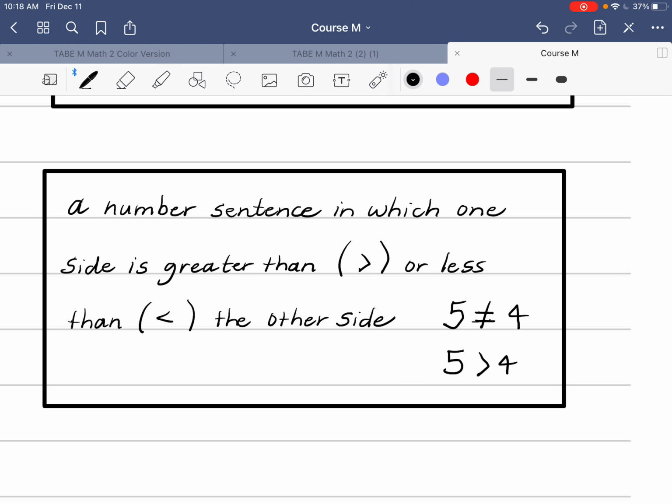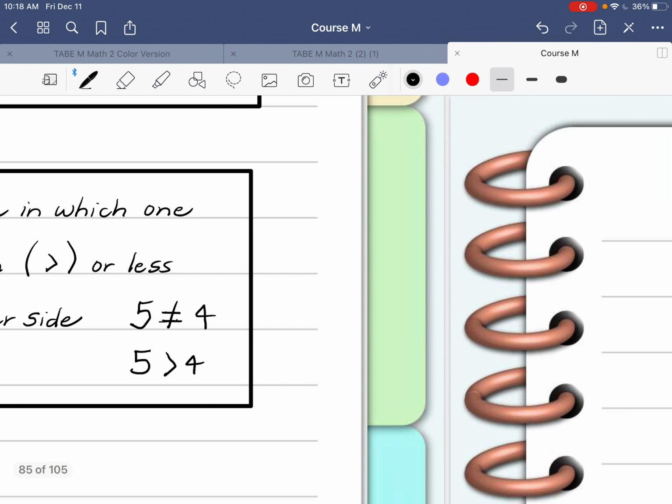It's not an equation. 5 is bigger than 4. So this is the inequality. 5 is greater than 4. So this is where those greater than, less than symbols come in. We'll be using those.